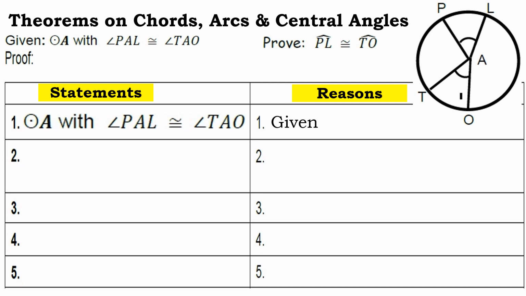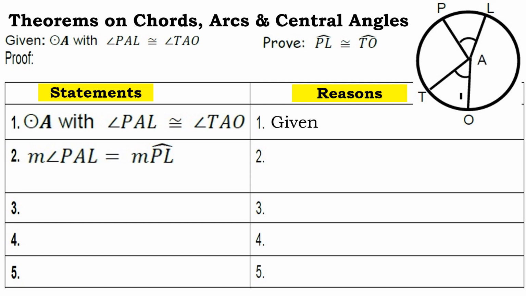We know that arc PL is the intercepted arc of angle PAL. And angle PAL is a central angle. So therefore, the measure of angle PAL is equal to the measure of arc PL since angle PAL is a central angle. How about angle TAO?